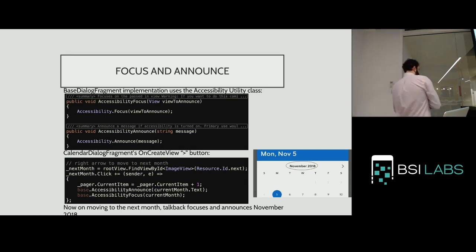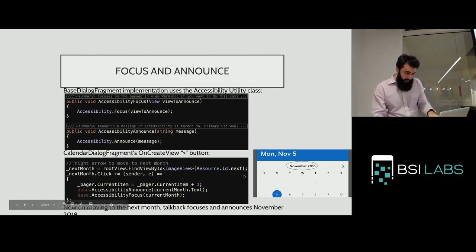So as soon as you click on the right arrow, we wanted the user to hear December 2018. So we'd focus December 2018 and we'd announce December 2018. It's easy for us to do these things, but for a user, he doesn't know exactly what's going on.